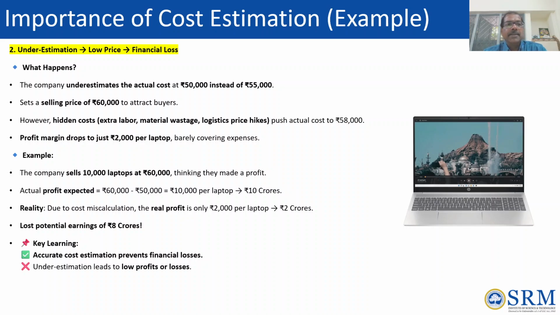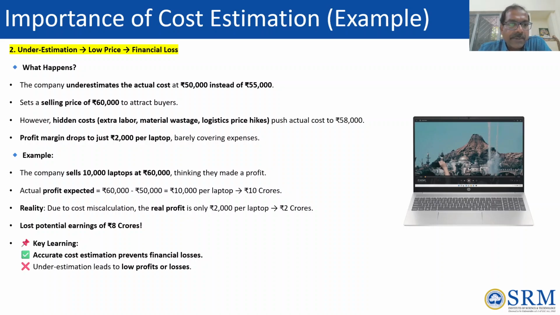But in reality, due to the cost underestimation and miscalculation, the real profit for one laptop is 2,000. So in total you'll be earning 2 crores. Instead of 10 crores of profit, you are going to earn only 2 crores. Though 2 crores is positive, compared to the lost potential earning of 8 crores, in the industry it's not at all easy, right?